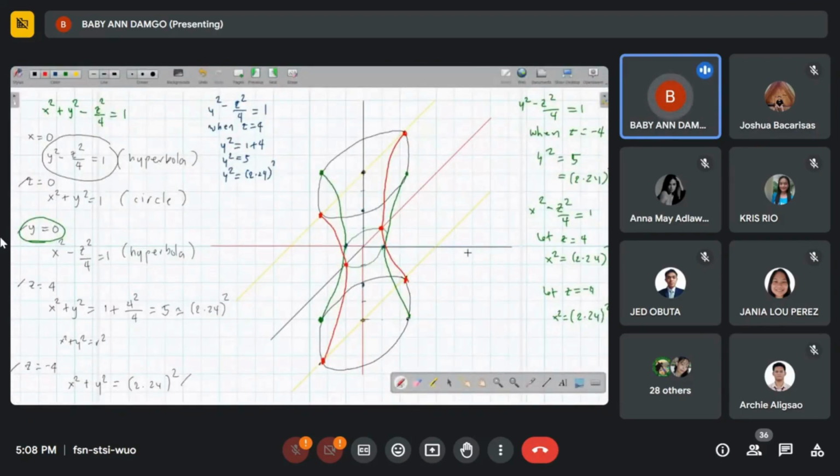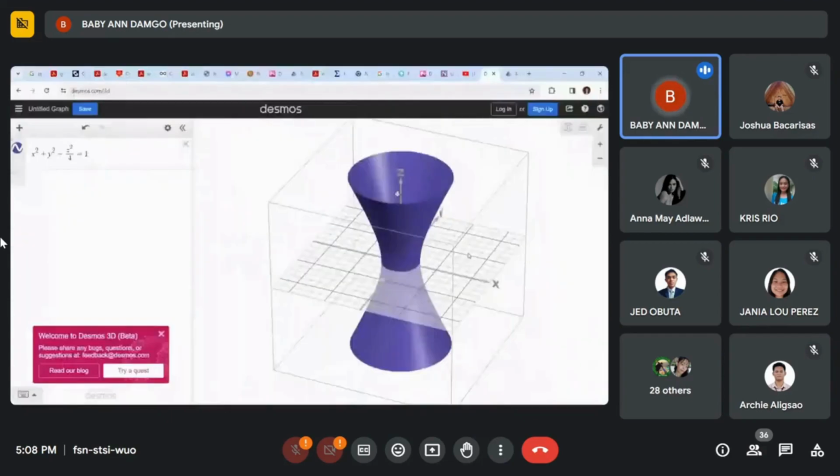Okay, please go screenshot. And then screenshot also the actual graph.